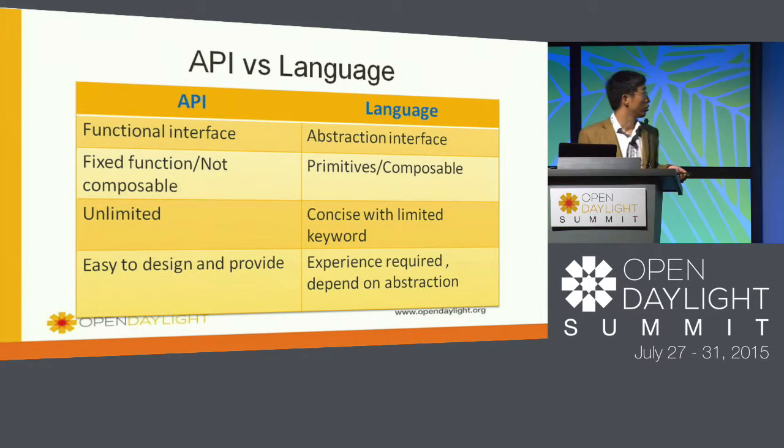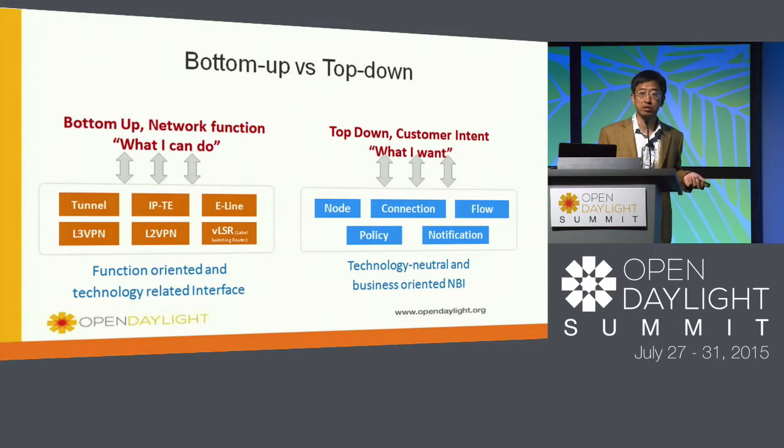So the Nemo project's target is to provide a network programming language. We just mentioned the language depends on network abstraction. So how do we abstract the network? There are 2 different ways to consider this. The first one is bottom-up: what we can open, what we already have, what I can do.